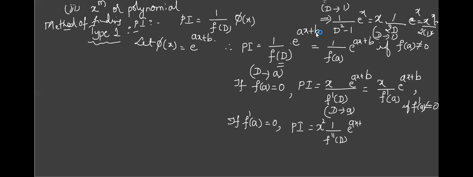So again, what is the step? After doing this, again replace d by a and so on. Hope you understood. Not to worry, it will be at the most double differentiation, not more than that. Hope the procedure is clear?